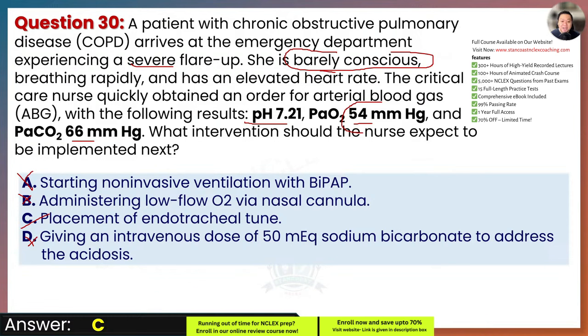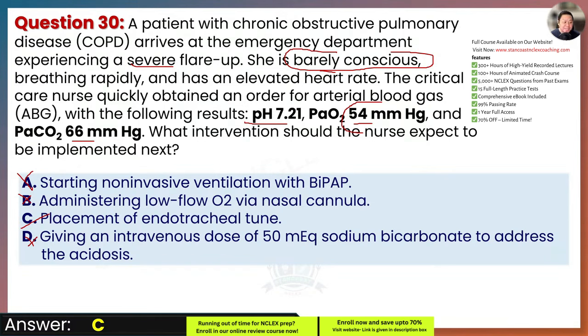The PaO2 alone is very critical, so there is severe hypoxemia. And if you're simply providing low flow O2, this will not address the hypercapnia. There are already high CO2 levels, and this will not provide the necessary ventilatory support. And so this is going to be insufficient.